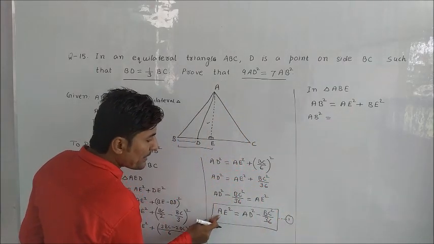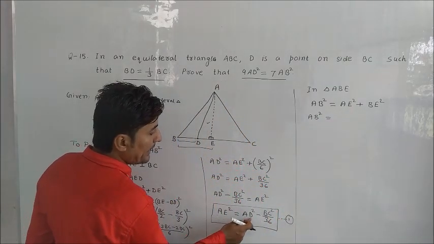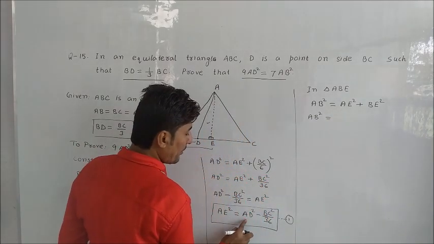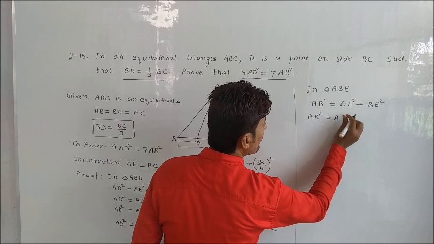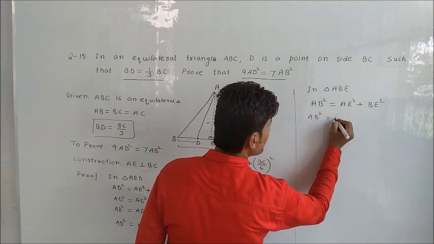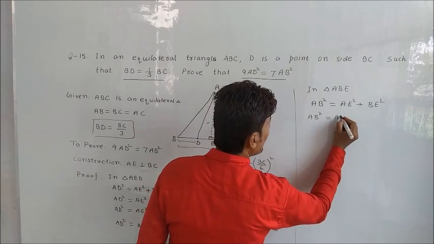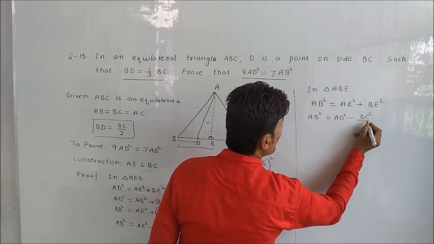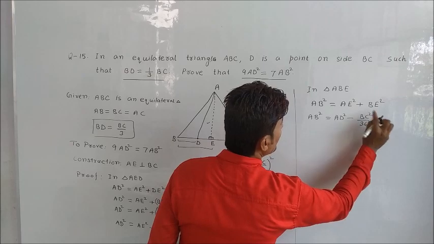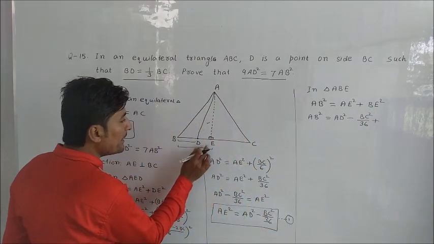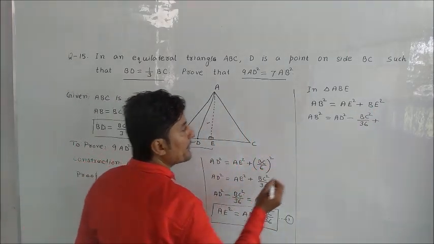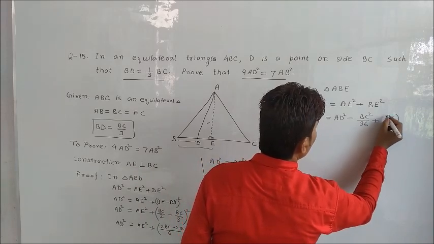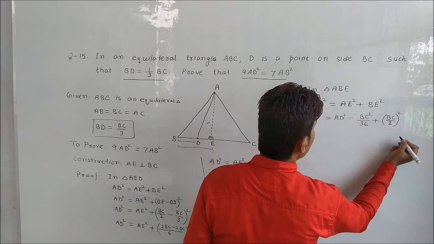The value of AE square we have already calculated: AD square minus BC square upon 36. So in the place of AE square we can write AD square minus BC square upon 36 plus BE. As we know, BE is half of BC, so here we can write BC upon 2, and the square is there, so we put the square.